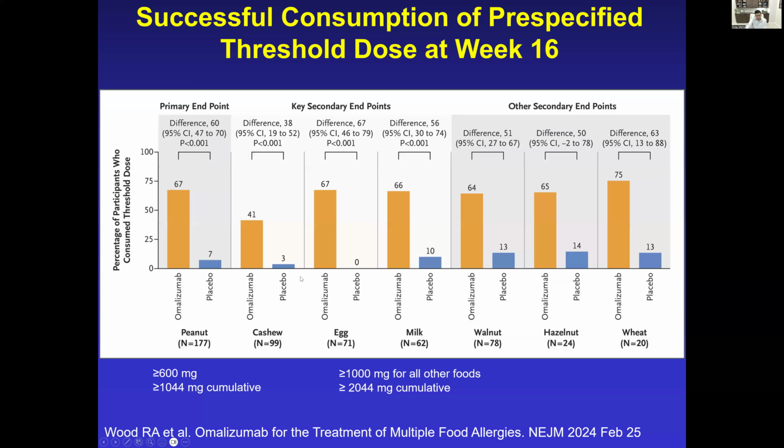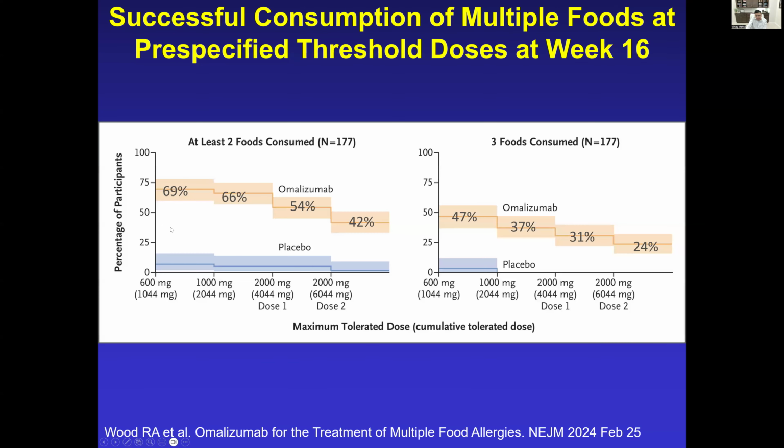And then these were the results of other food challenges to their other foods, where the threshold was at least 1,000 milligrams of the food, which means a cumulative dose of over 2 grams. You can see a large percentage of them not only tolerate peanut, but also cashew, egg, milk, walnut, hazelnut, and wheat.